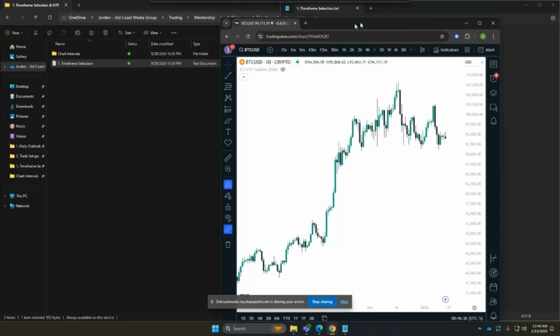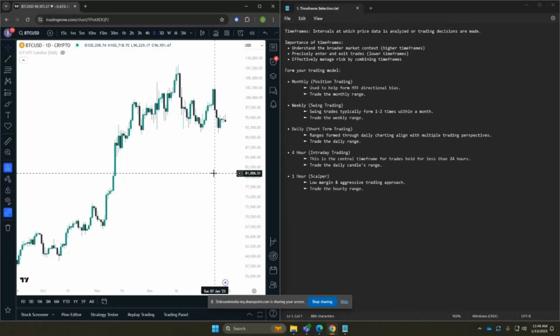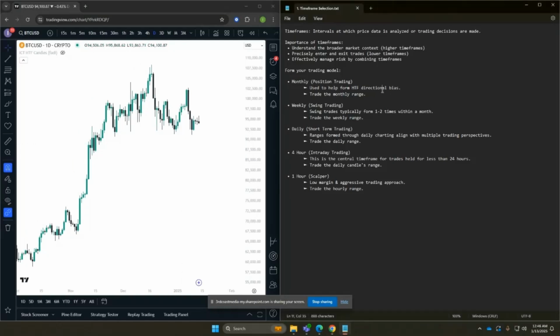So if you could follow on my screen, pulling up the window for the chart. And I have the first section of the chapter, which is time frame selection. So time frames are intervals at which price data is analyzed or trading decisions are made.